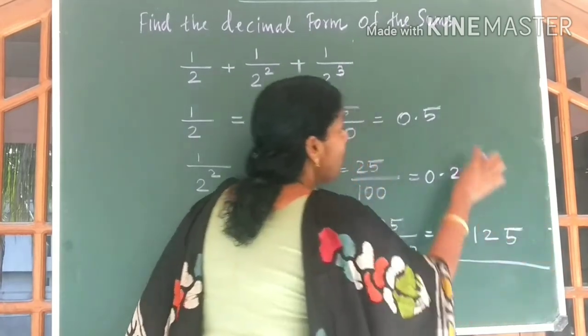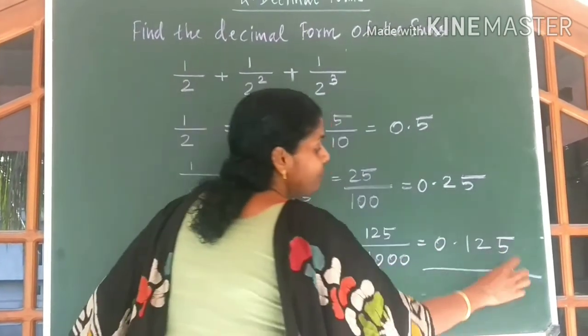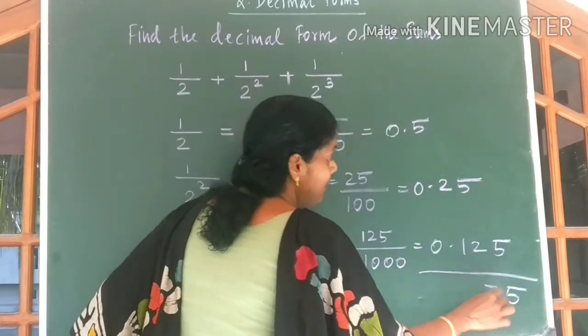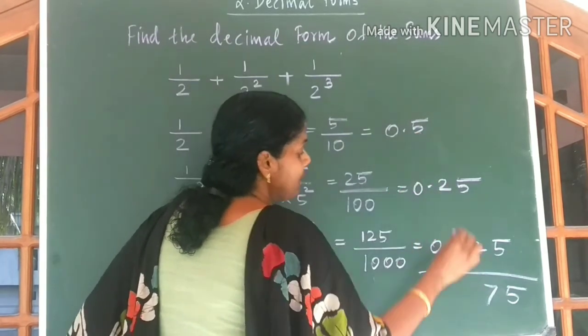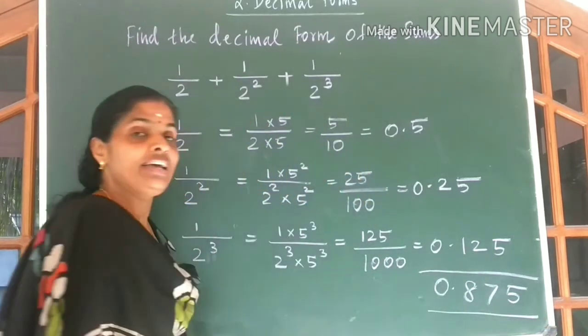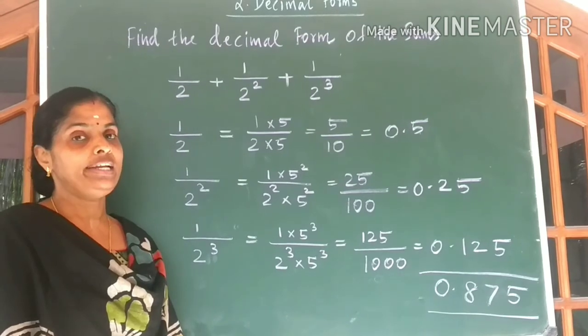Now add all the 3 numbers. So what do you get? 5, 2 plus 5, 7, 1 plus 2 plus 5 gives you 8. So the answer is 0.875. Children, hope you got a clear idea.